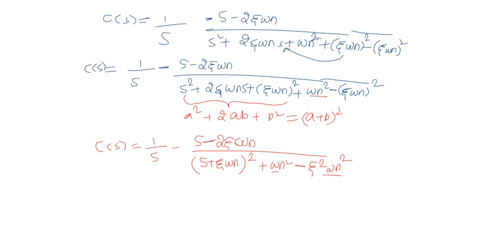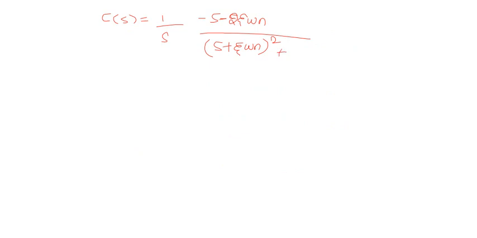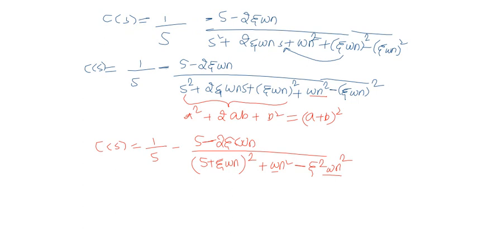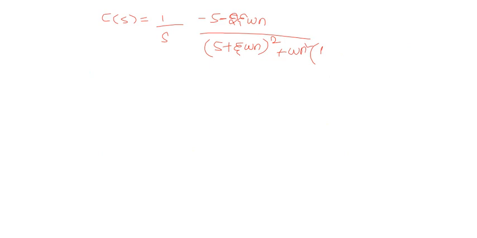So I am taking zeta square omega n square term as common. So plus omega n square. Whenever I am taking omega n square term common, we are left with omega n square common, 1 minus zeta square.